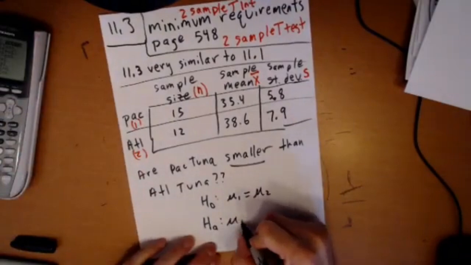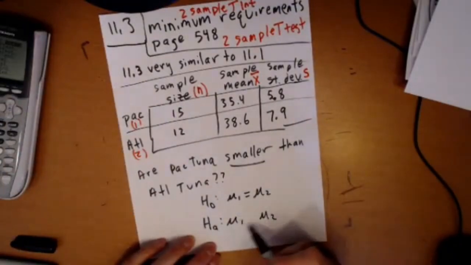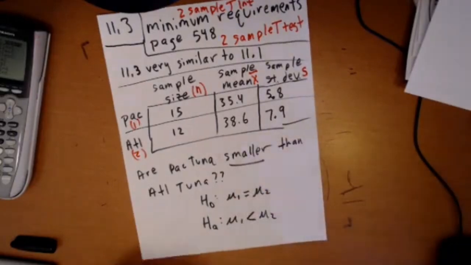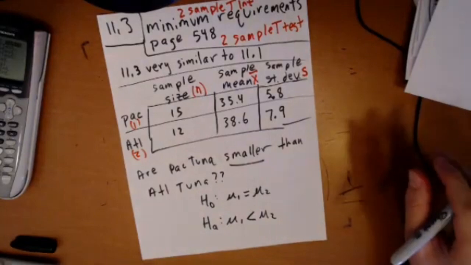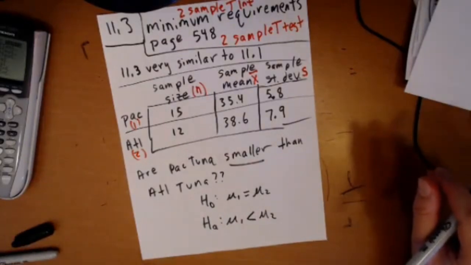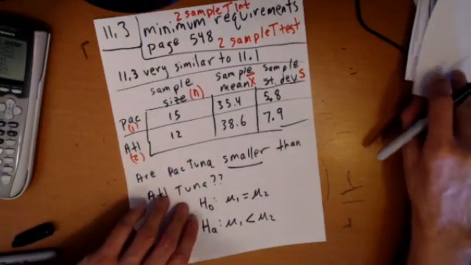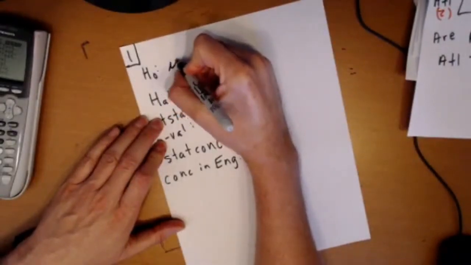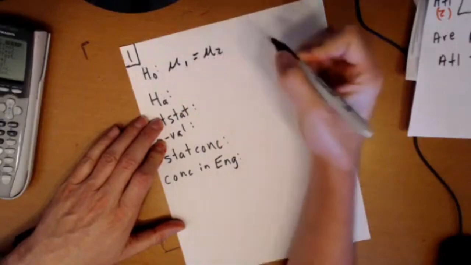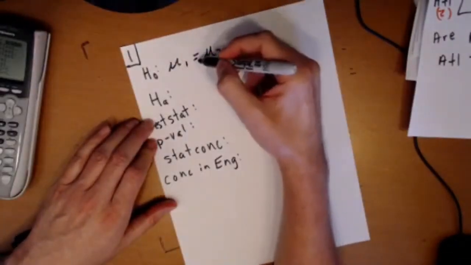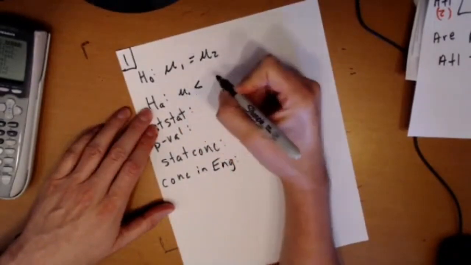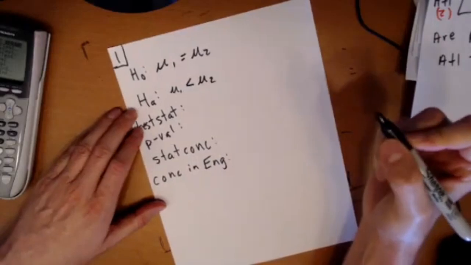Then for the alternative, we need to figure out what symbol goes there: less than, greater than, different. Smaller, so less than. Now they just want us to do the standard 6 questions. Let me bring it over here. We said the null: two groups, talking about means. The null, no difference. Are they the same? And the alternative was that the first group's average length is less than the other group's average length.